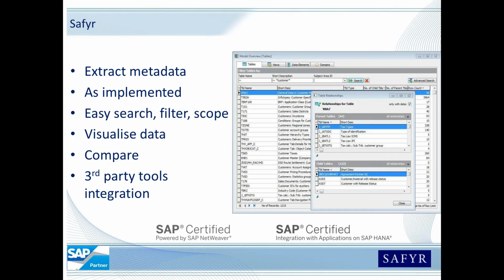And then that information can be shared with a variety of tools via either metadata bridges or directly out to modeling tools, spreadsheets, integration tools, etc. So we make that information available for use with other products.